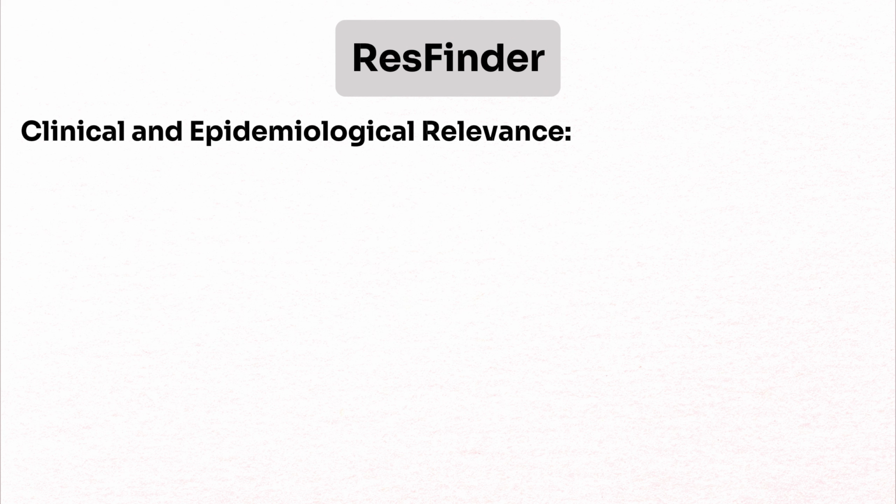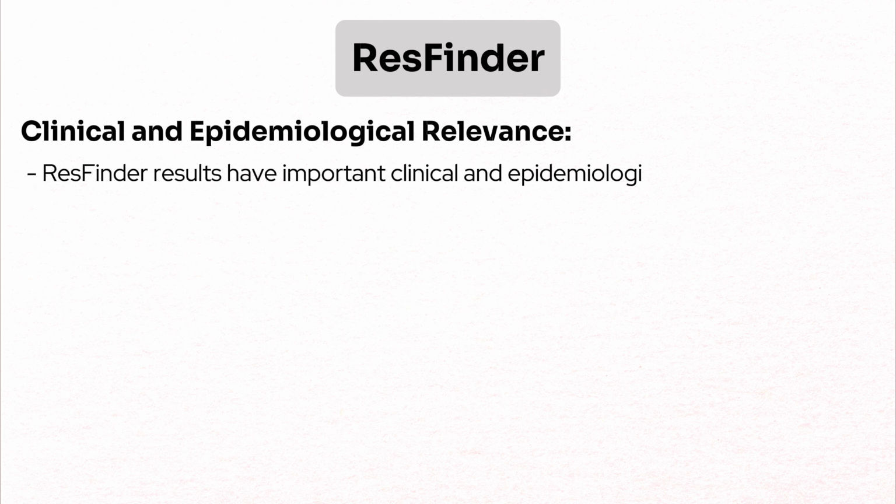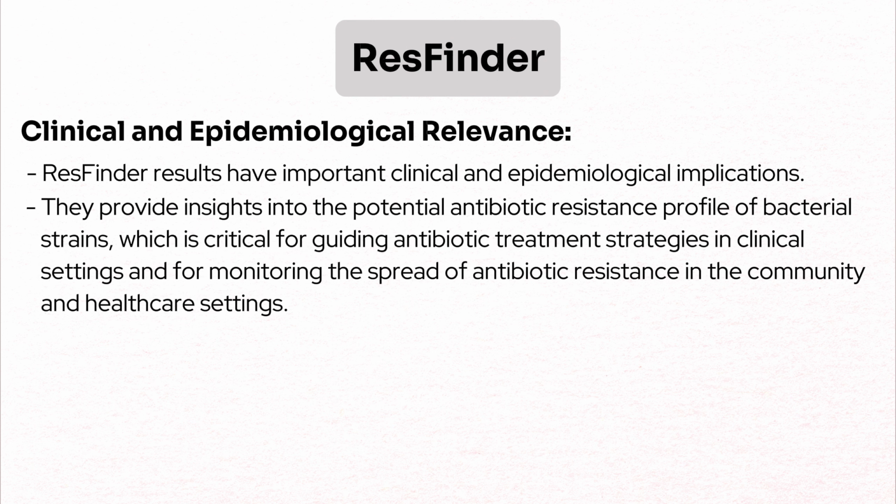Clinical and epidemiological relevance. ResFinder results have important clinical and epidemiological implications. They provide insights into the potential antibiotic resistance profile of bacterial strains, which is critical for guiding antibiotic treatment strategies in clinical settings and for monitoring the spread of antibiotic resistance in the community and healthcare settings.